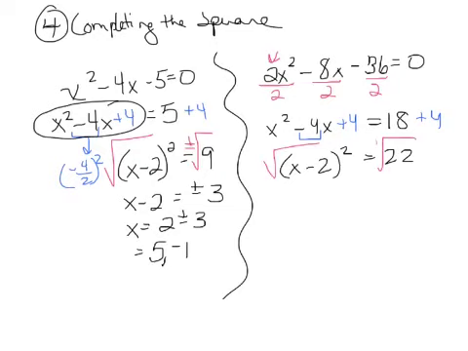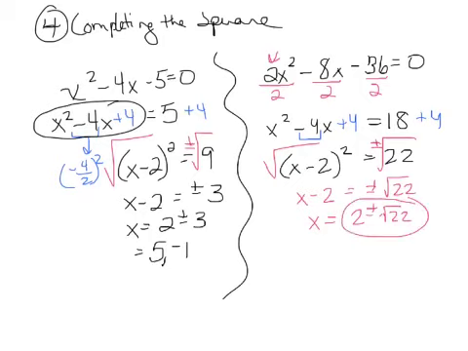In this case, the square root of 22 doesn't come out evenly. So I have x minus 2 is equal to plus or minus the square root of 22. I can add 2 to both sides, so I get 2 plus or minus the square root of 22 as my two solutions. And I could plug those into a calculator and get the decimal answer, or I could just leave it as 2 plus or minus the square root of 22.